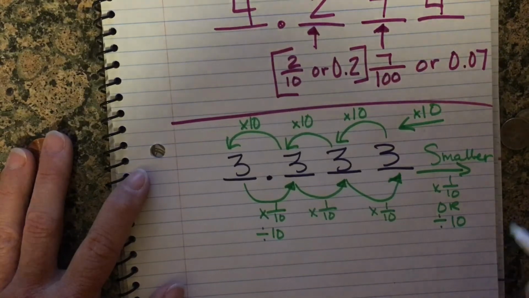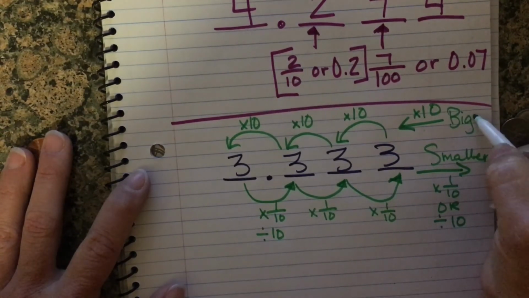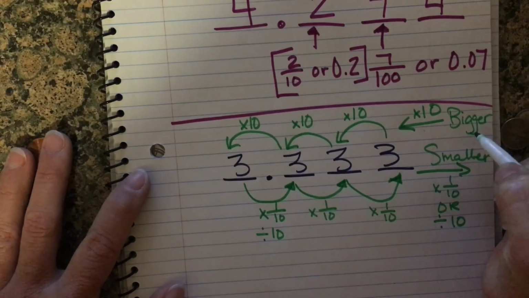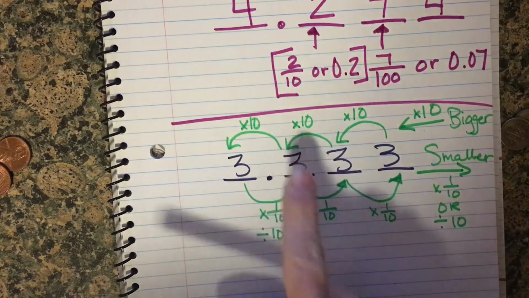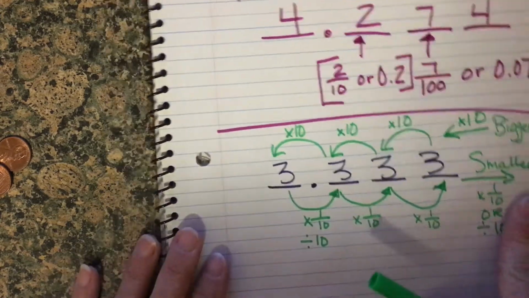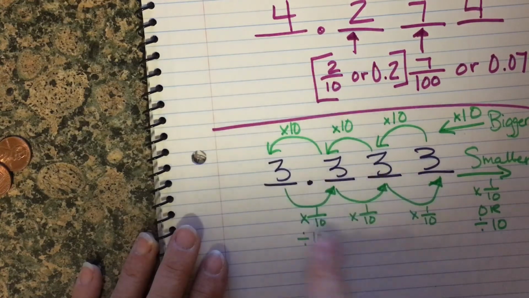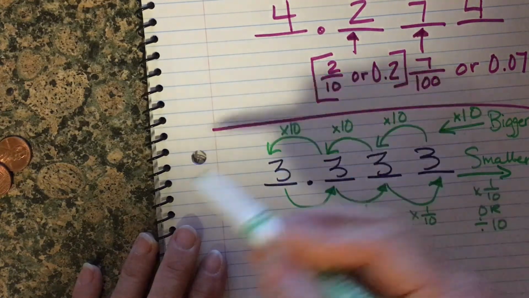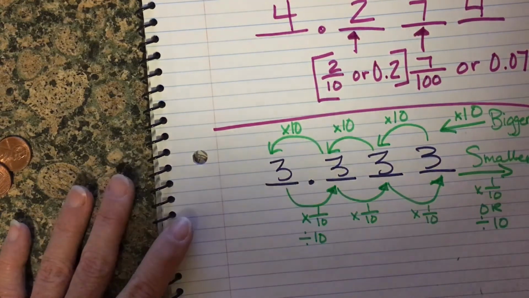This way, we're getting bigger. If your birthday present is 10 times what it was last year, your check just got bigger. That's getting bigger. This is getting smaller. So make sure that you understand as you move through the place value spots, you're getting bigger as you go to the left, and you're getting smaller as you're going to the right.